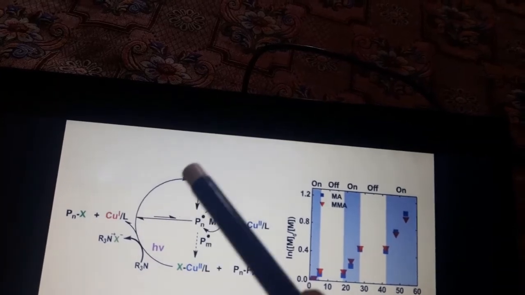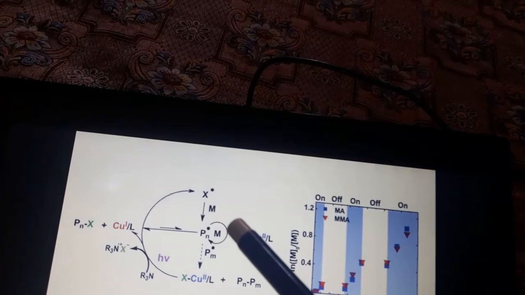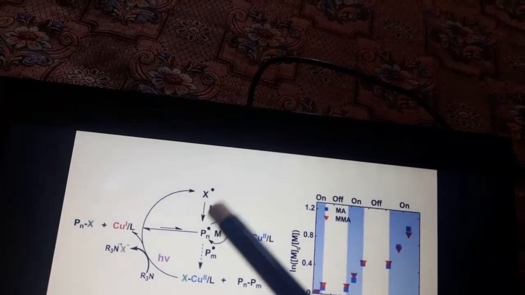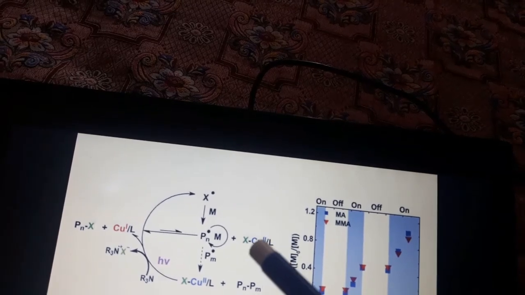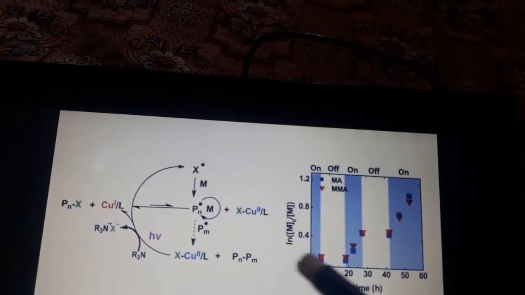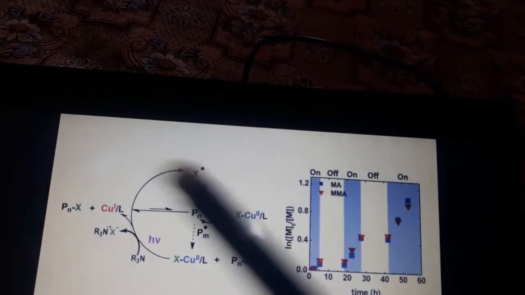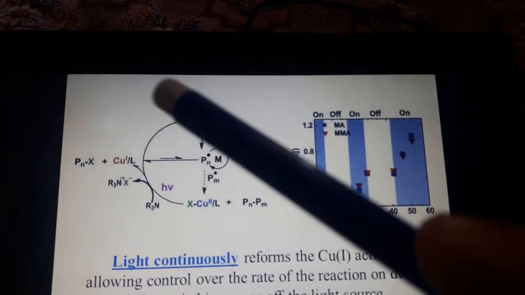Monomers are added and we have this propagation, and deactivator is generated. So this is on-off light, so we can control the polymerization.